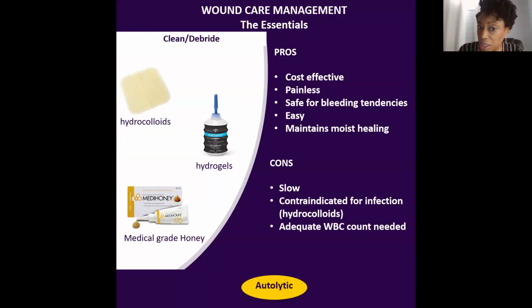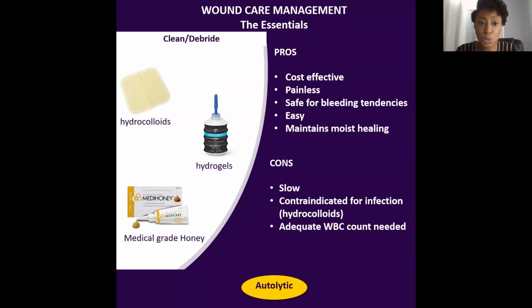Next is autolytic debridement. When you put a dressing on a wound, you're essentially doing autolytic debridement. You're relying on the wound fluid to help clean the wound. As I mentioned before, your body is equipped with white cells that help to debride a wound naturally.